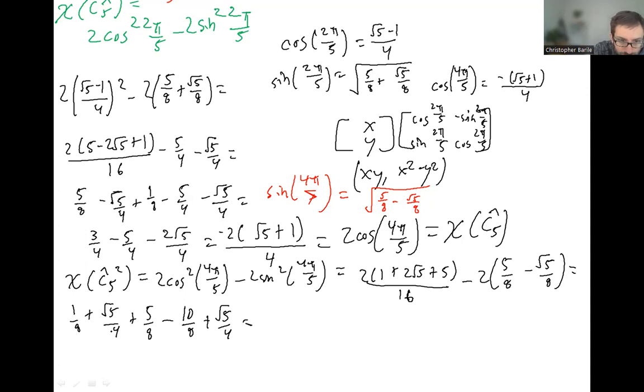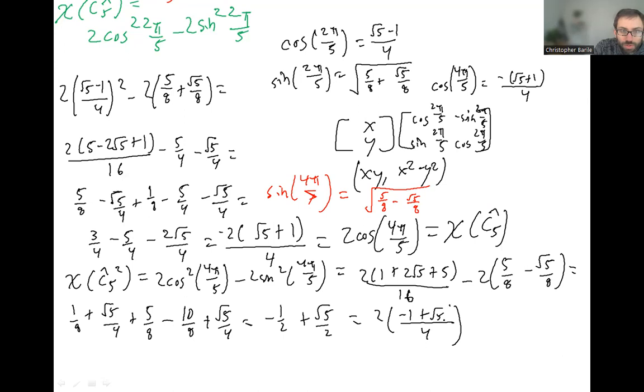That whole thing equals, we have 6/8 minus a 10/8, which is -4/8, which is minus 1/2. And then we have root 5 over 4 plus root 5 over 4, which is root 5 over 2. And so that whole thing ends up equaling 2 times, we can factor out a 2 now, 2 times -1 plus root 5 over 4.